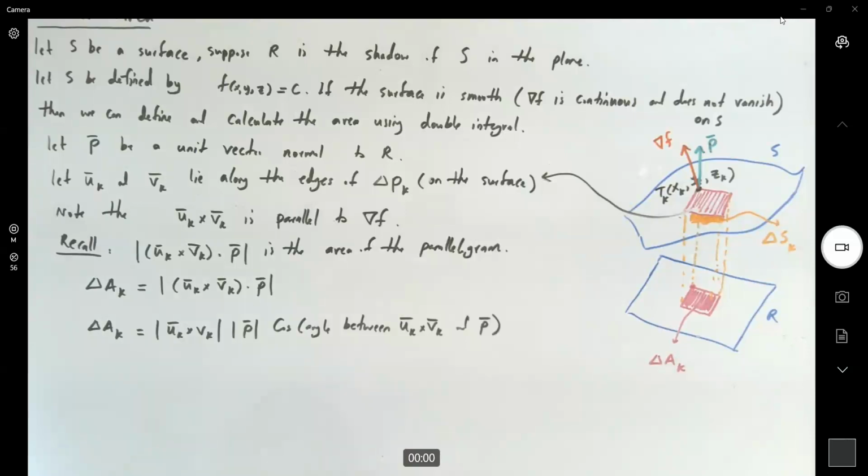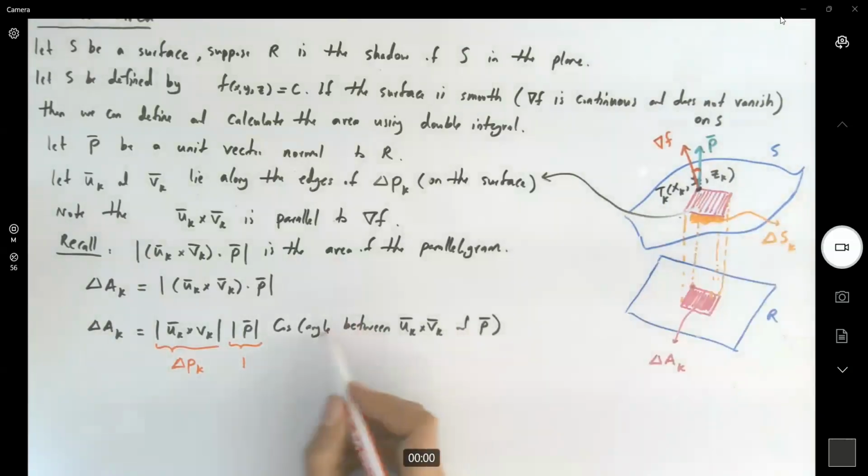So if we simplify this, this magnitude represents delta PK. The unit vector has a length 1. And this is the same as the cosine of the angle between the gradient and P.